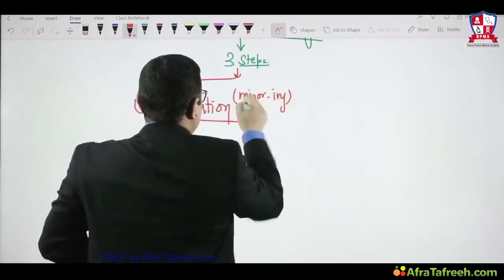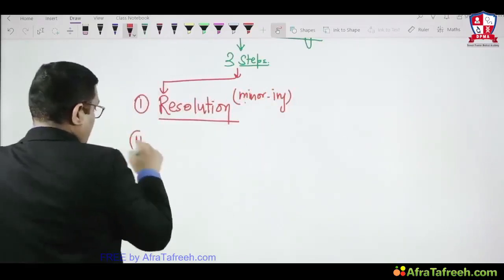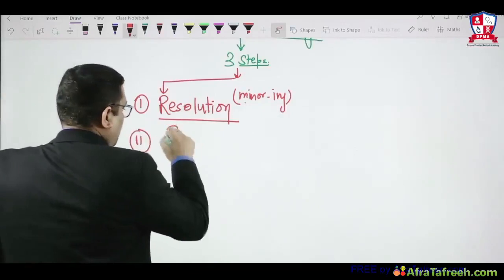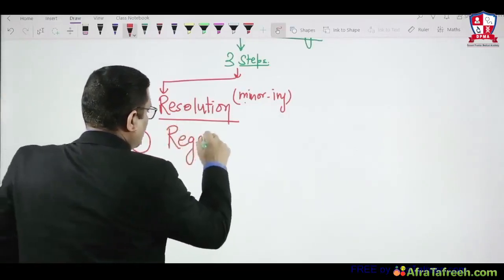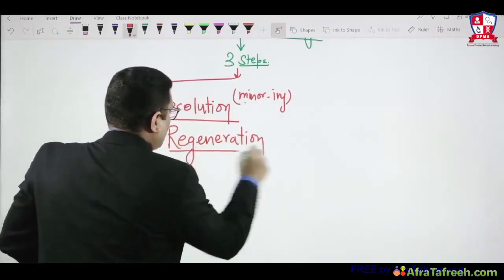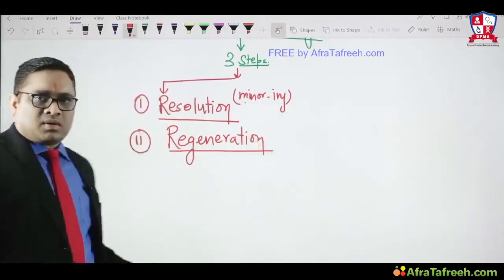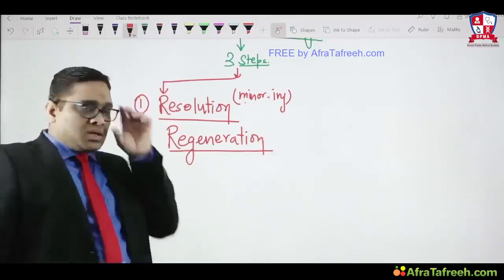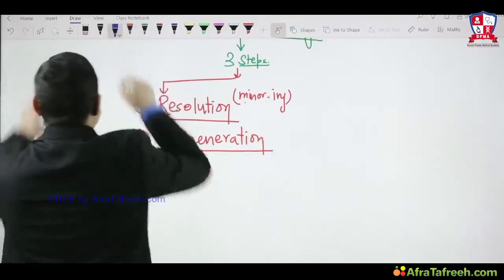In minor injuries there will be complete resolution, but in certain cases you will see another aspect, which is called regeneration. What do you mean by regeneration? Regeneration means complete restoration of the lost tissue. So here we must understand what regeneration is.